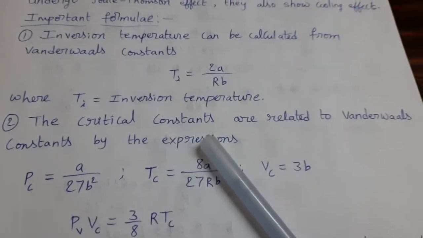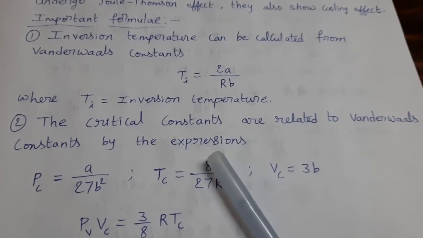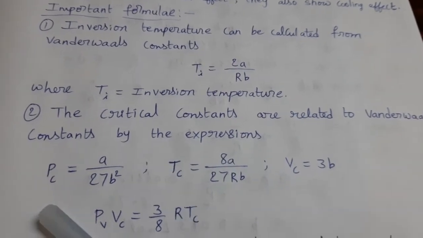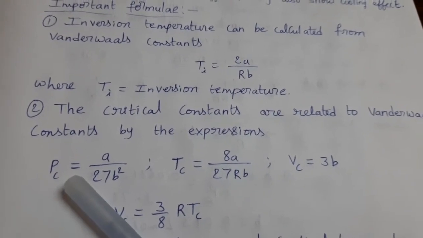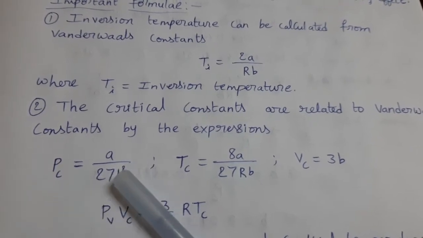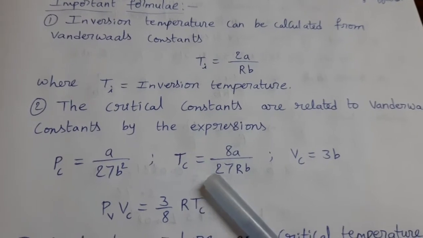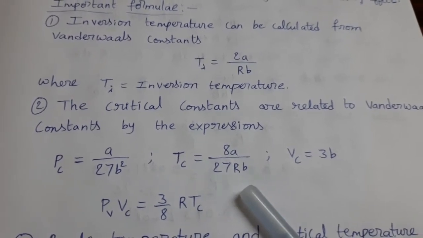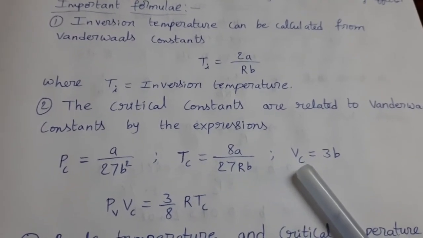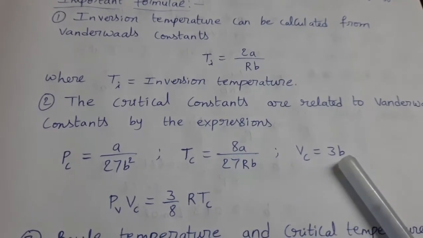Next, the critical constants are related to van der Waals constants by the expressions: critical pressure Pc equal to a by 27b square, critical temperature Tc equal to 8a by 27Rb, critical volume Vc equal to 3b.